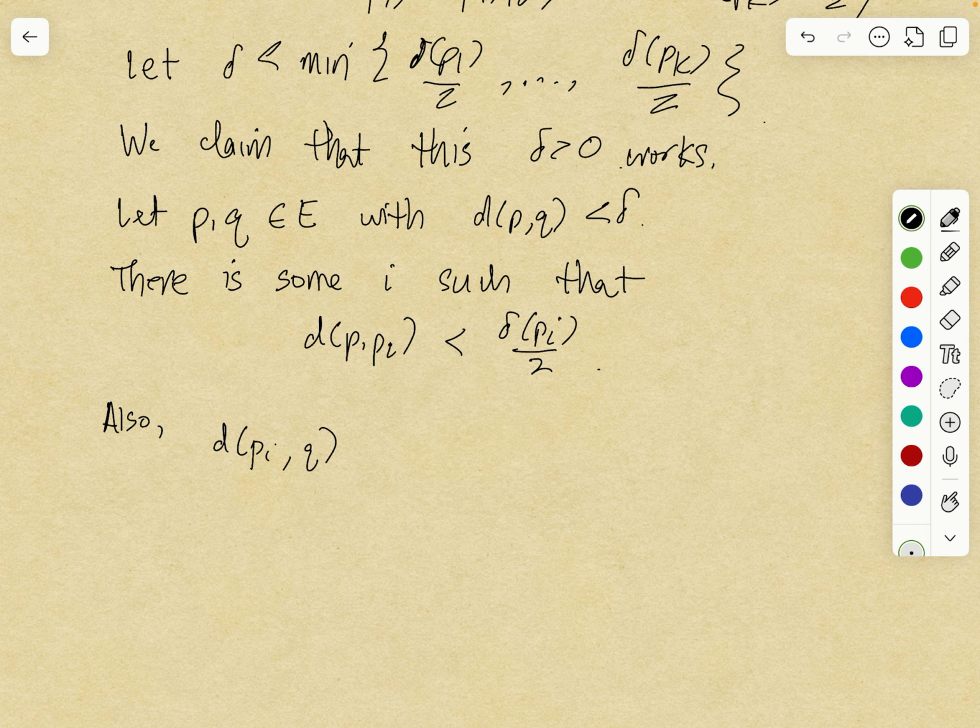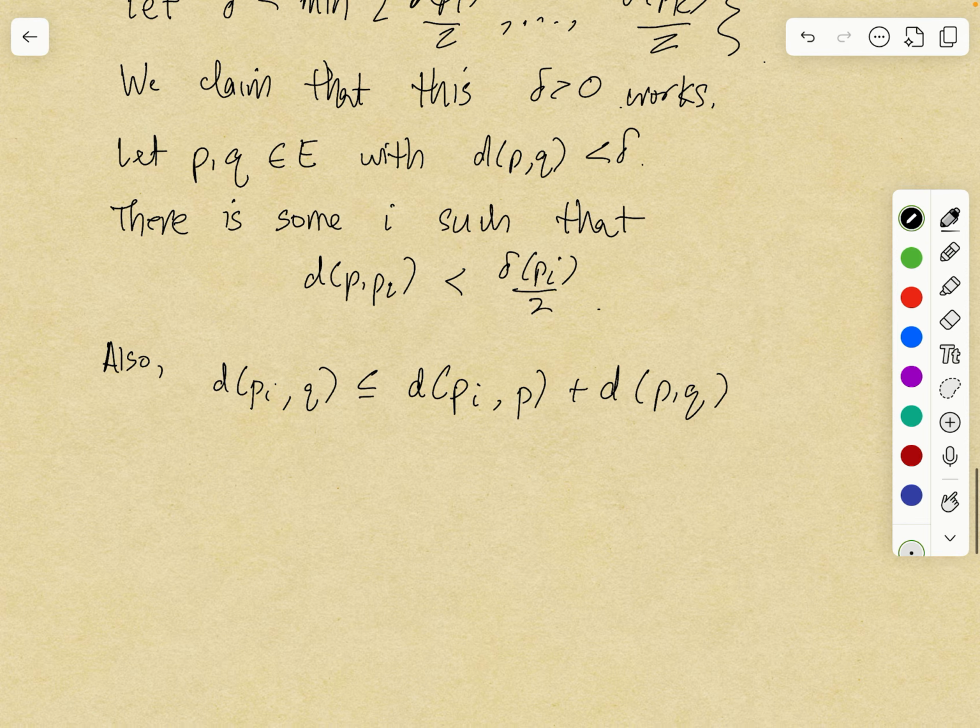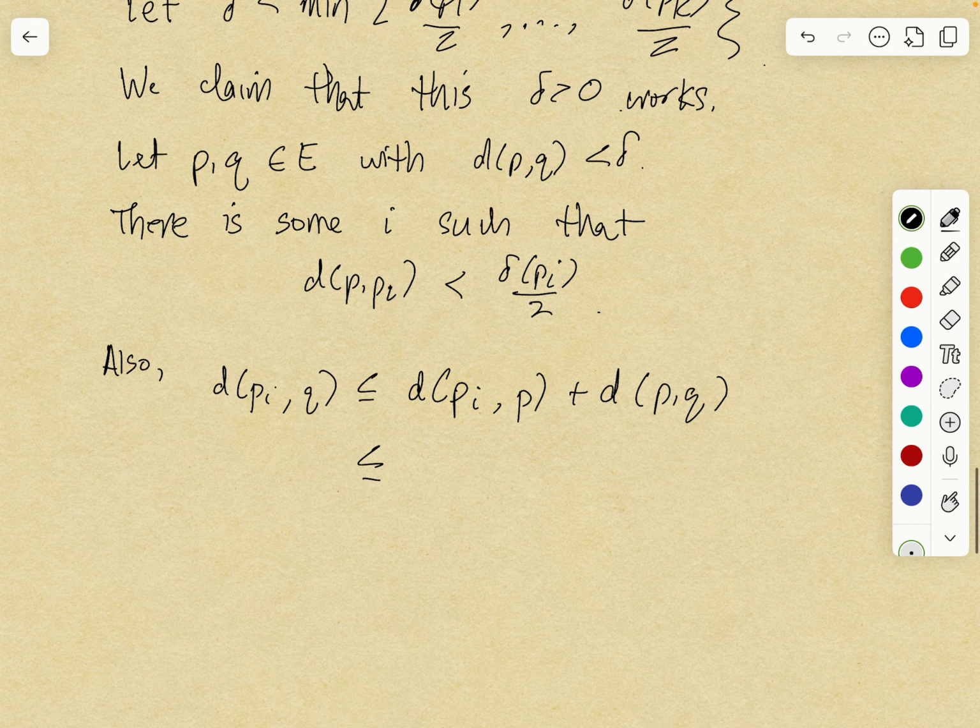There we go. Also, the distance between Pi and Q is less than or equal to the distance between Pi and P plus the distance between P and Q by the triangle inequality, and then that's less than or equal to delta of Pi over 2, plus delta, and since delta is less than delta of Pi over 2, this sum is less than delta of Pi.